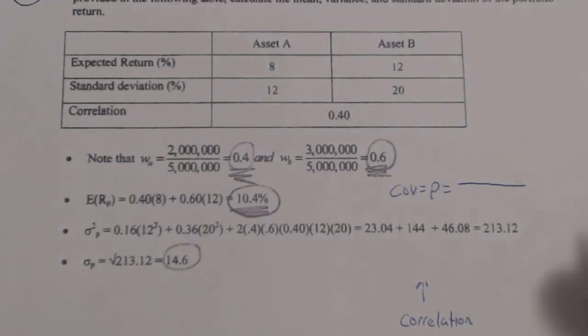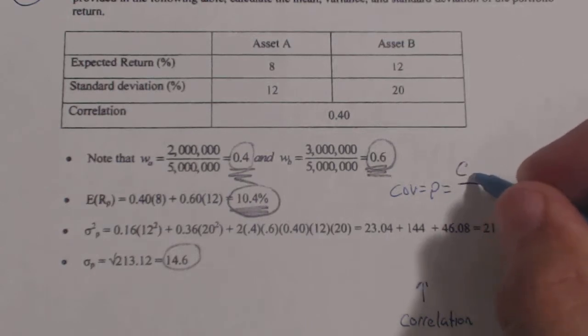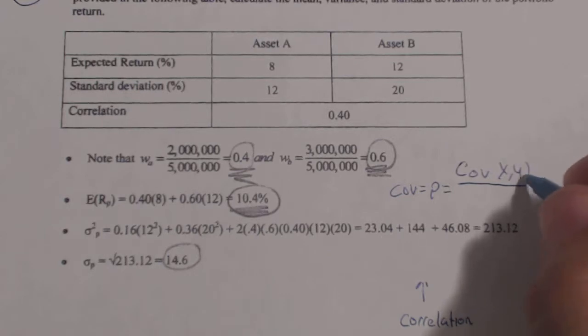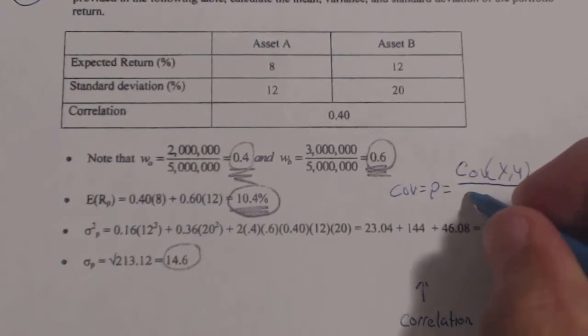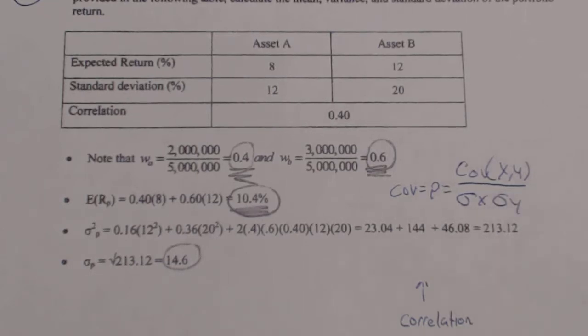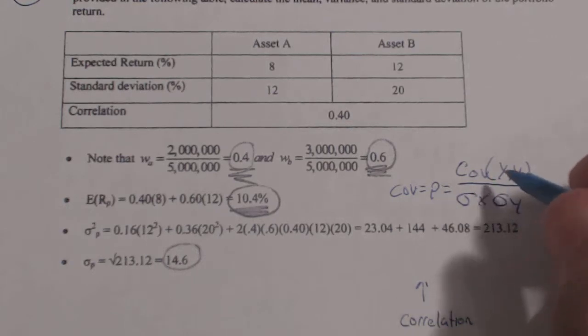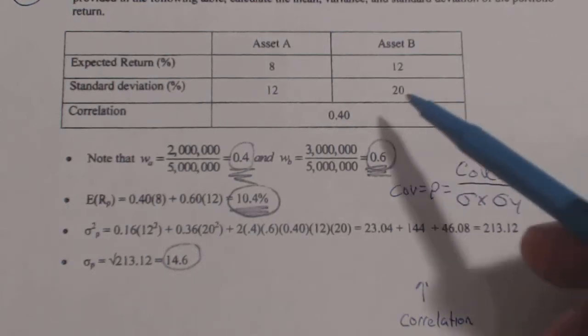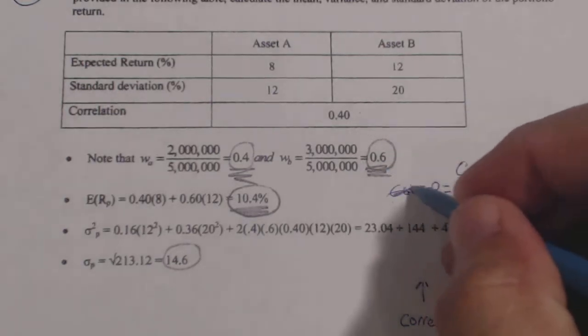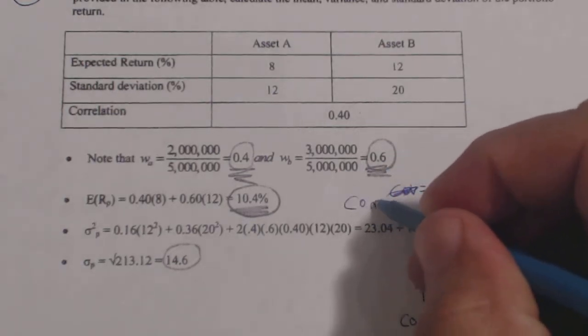The covariance of XY, which we don't know what that is, over the standard deviation of X and the standard deviation of Y. Let me make sure that's right real quick. Yeah, covariance of XY, and I'm not sure how to figure out the covariance, but as long as they give you the standard deviation and the correlation. This is correlation, this is covariance.